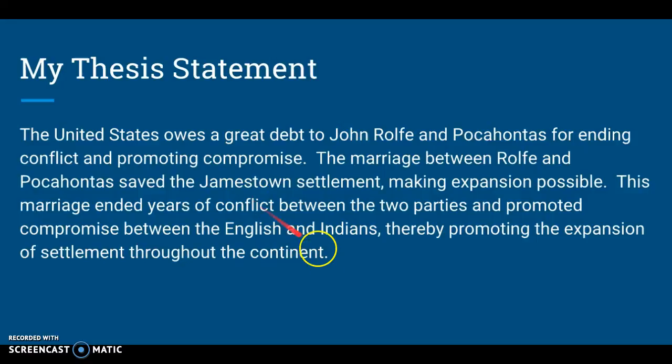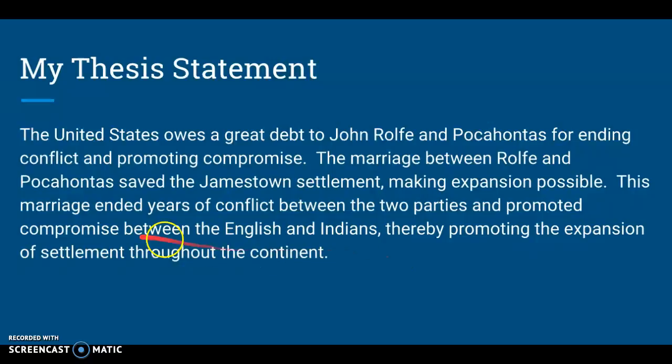So if you look at mine, the United States owes a great debt to John Rolfe and Pocahontas for ending conflict and promoting compromise. The marriage between Rolfe and Pocahontas saved the Jamestown settlement, making expansion possible. This marriage ended years of conflict between the two parties and promoted compromise between the English and the Indians, thereby promoting the expansion of settlement throughout the continent.